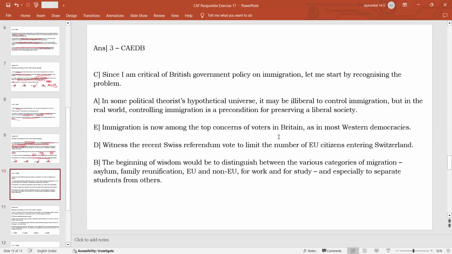And then we talk about immigration as being the top concern of voters in Britain and how voters are concerned. There is an example. So then the last step, the beginning of wisdom, would be to start distinguishing between various categories of migration, between EU, non-EU, etc. So this is why CAEDB will be the correct answer.